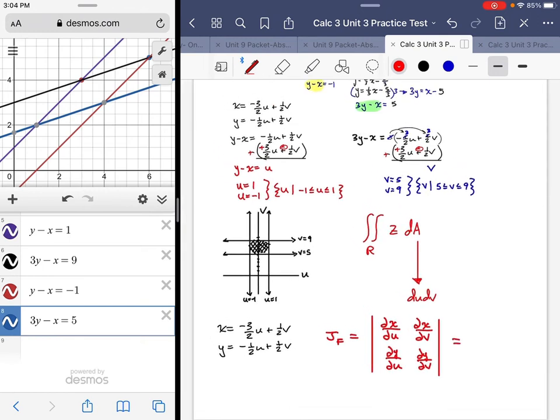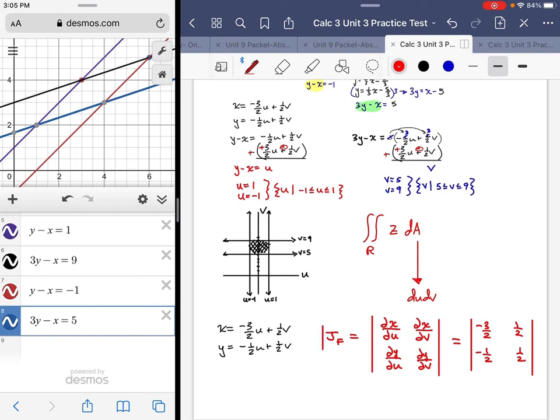With respect to u, the v's are irrelevant, so -3/2, -1/2. Then with respect to the v's, the u's are irrelevant, so 1/2, 1/2. So I need the determinant of that.